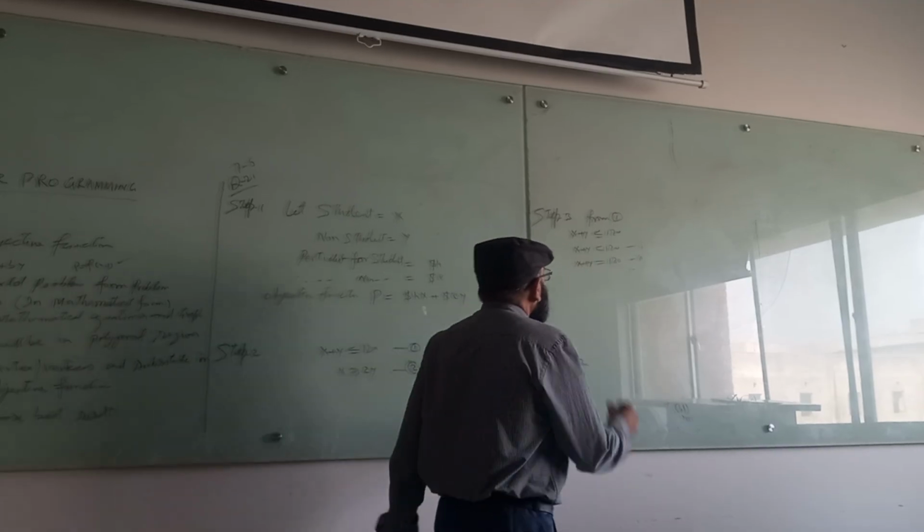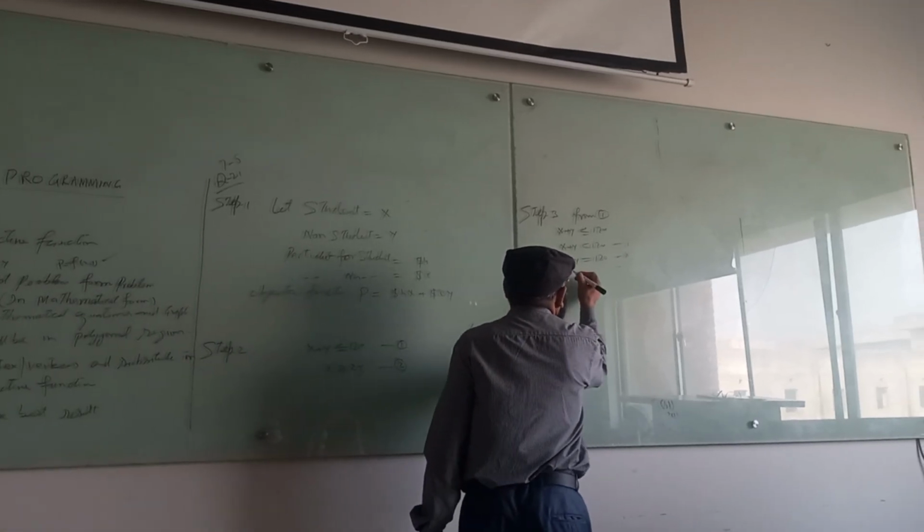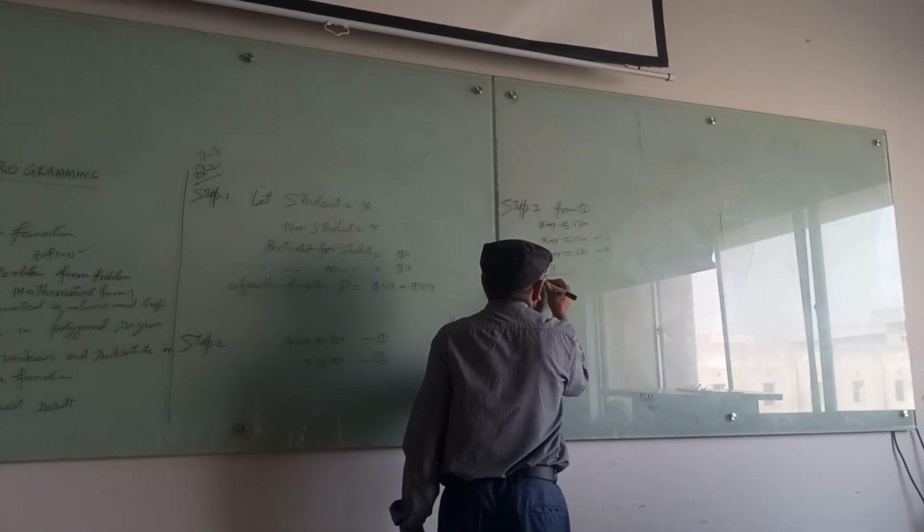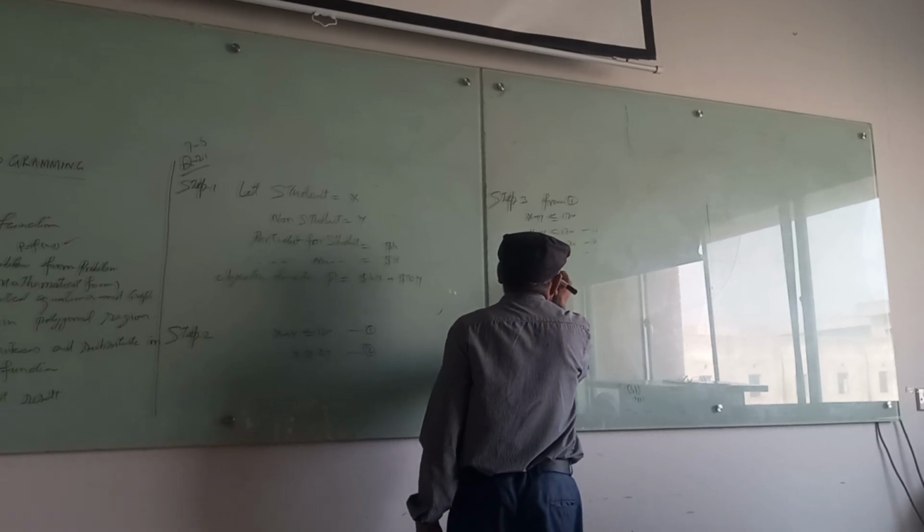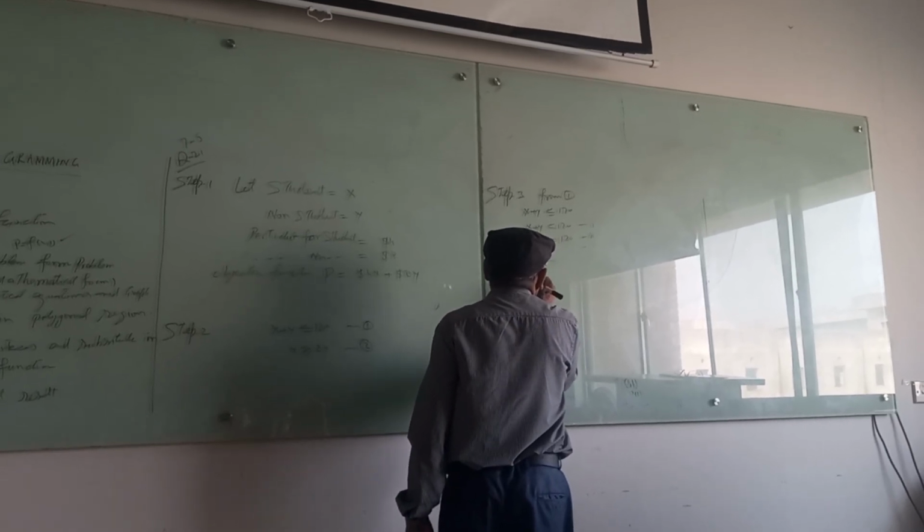From 2, if x is 0, y is 120. If y is 0, x is 120.